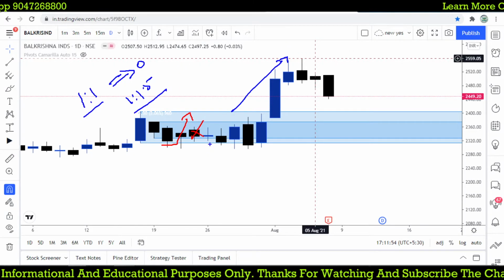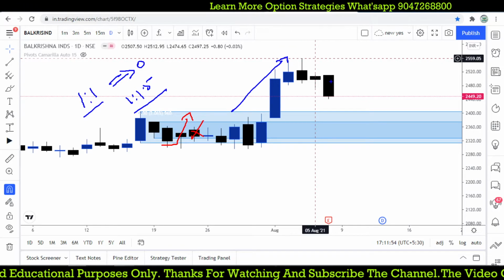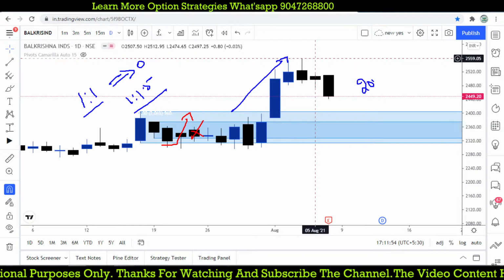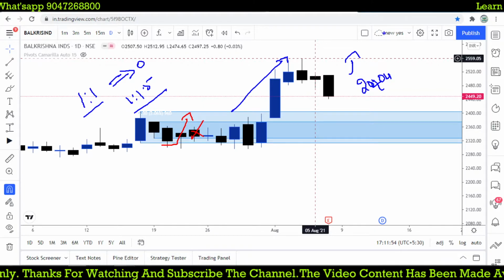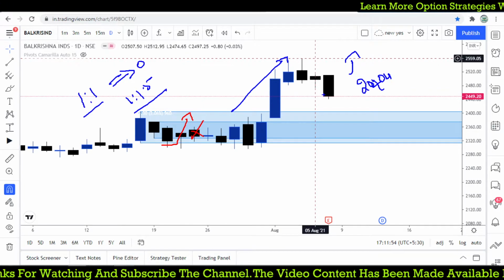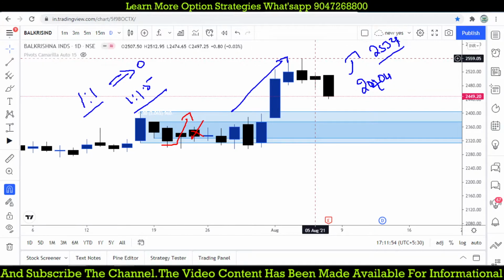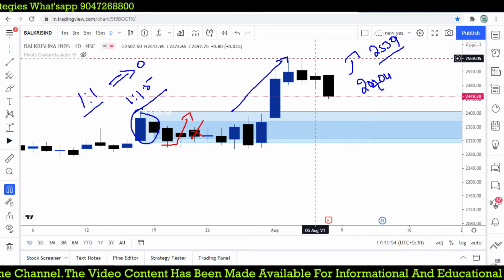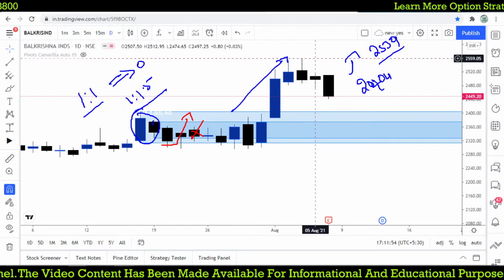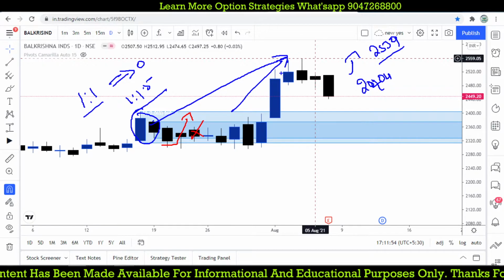We took a 90 point risk, so we should keep 135 points as profit. From 2404, the maximum the market moves is towards 2560, almost 2559. So the candlestick pattern which forms at the highest level, we focus on for a reversal, but the market continues the trend, so we are going to focus on a bullish trade.